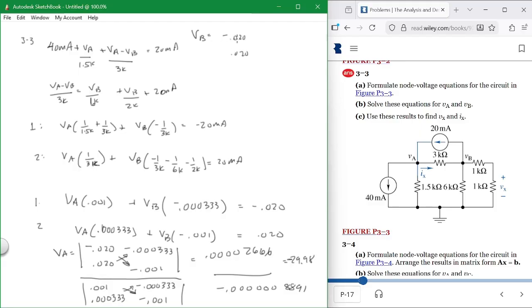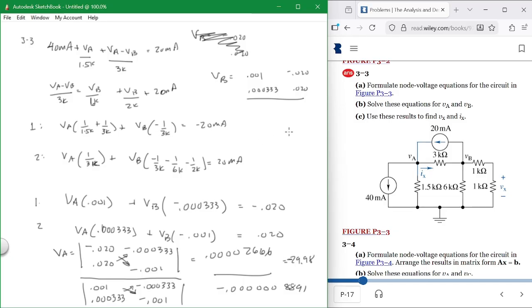I got the stuff on the wrong side. Okay, so I got to go back and do it again. Let's just do that. VB is equal to 0.001, 0.000333, but then on the right side you use the minus 0.020 and the 0.020, and that's your numerator.